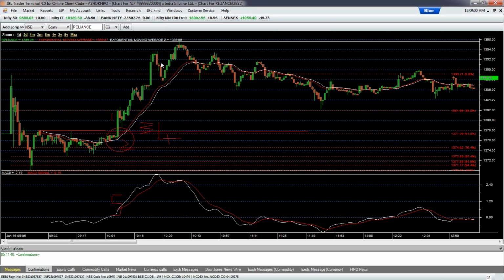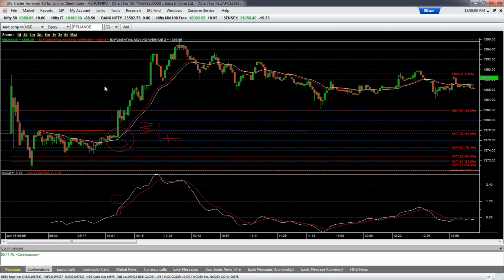11 points into 80. If I just go with 80, 80 into 10 is 800 rupees just with one trade. If you have 10,000 rupees, you have made around 8% in one trade.